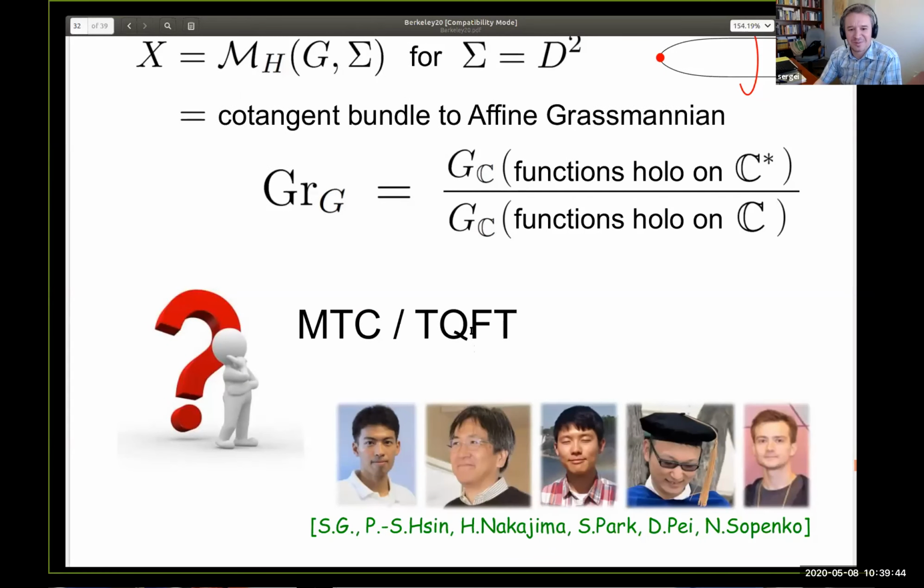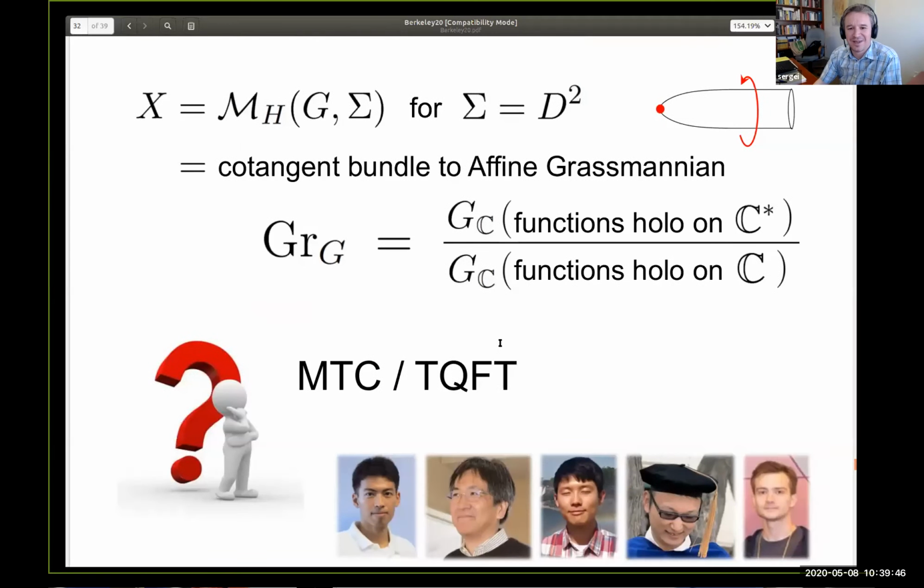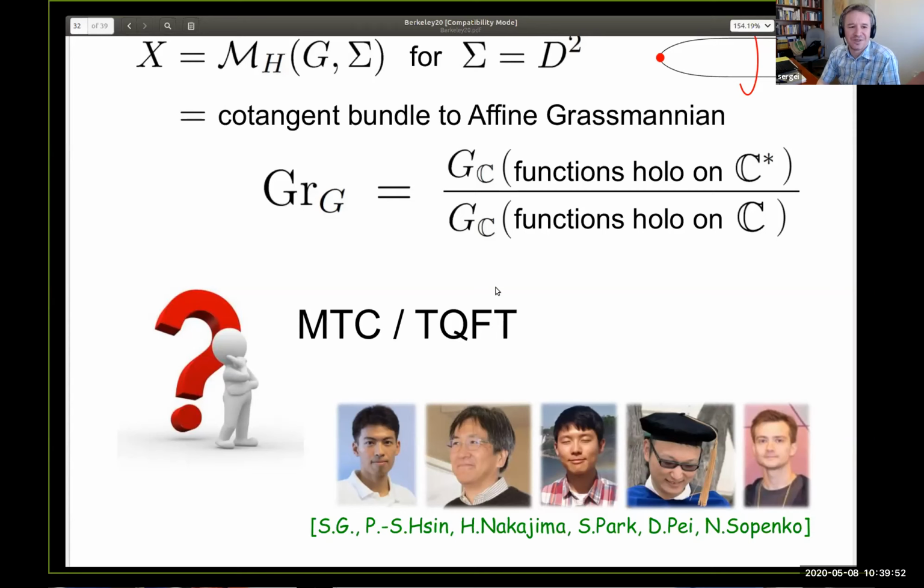That's what we're doing currently with these young people, and it can be found, interestingly, if you consider another hyperkähler manifold, which is roughly speaking the moduli space of G Higgs bundles on a disk. So that's not only a non-compact hyperkähler manifold, it's actually infinite dimensional.